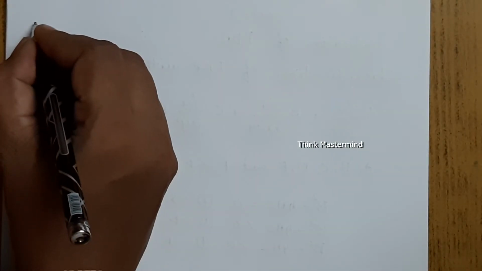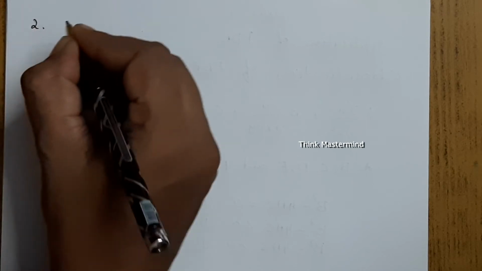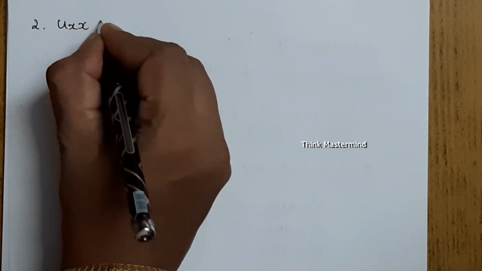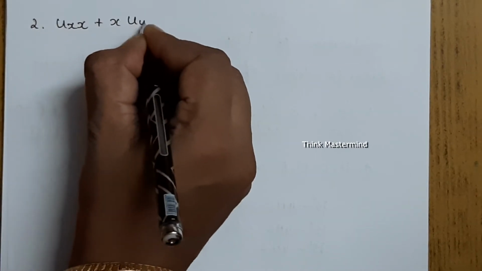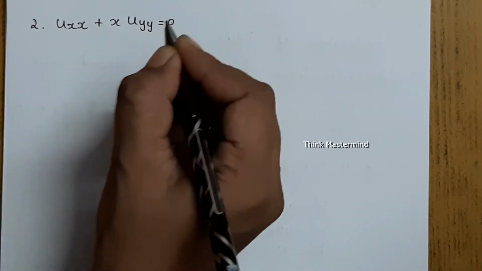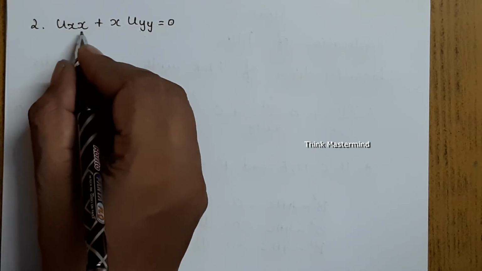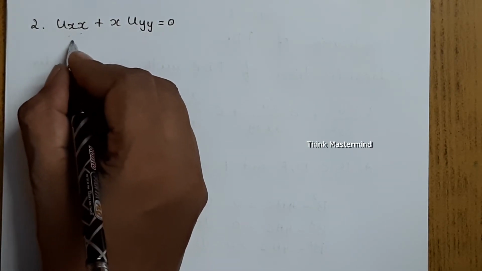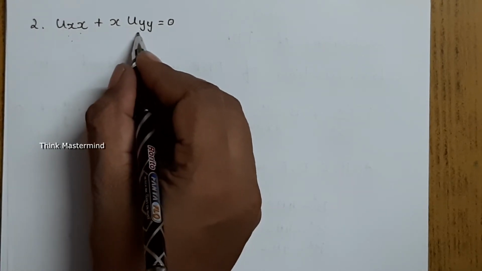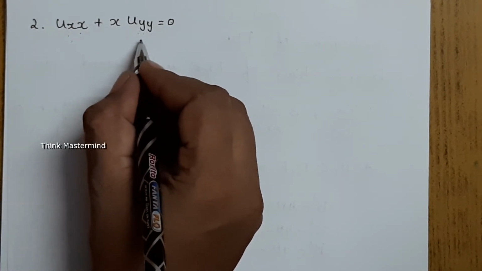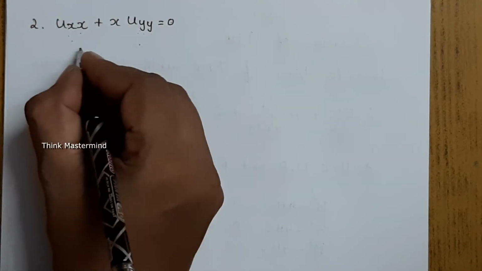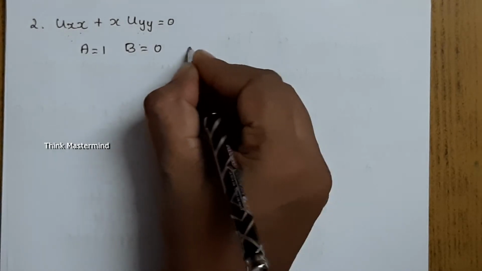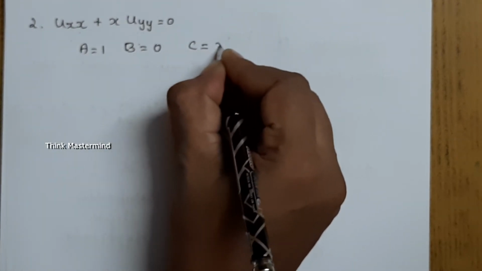Take the next one, classify the partial differential equation uxx + x uyy = 0. u is a function of independent variables x and y. uxx represents ∂²u/∂x² and uyy represents ∂²u/∂y². So a value is equal to 1 and b value is equal to 0. c value is equal to x.